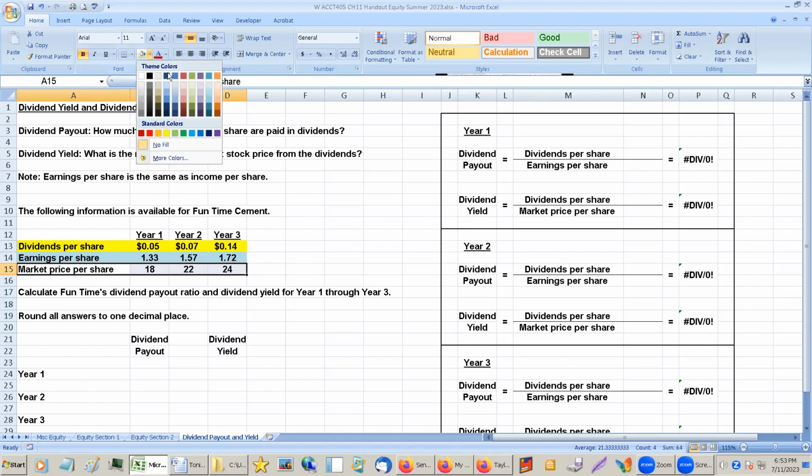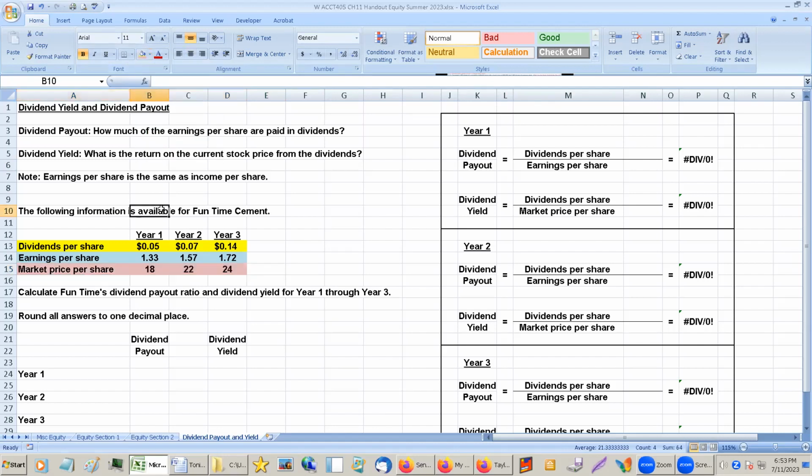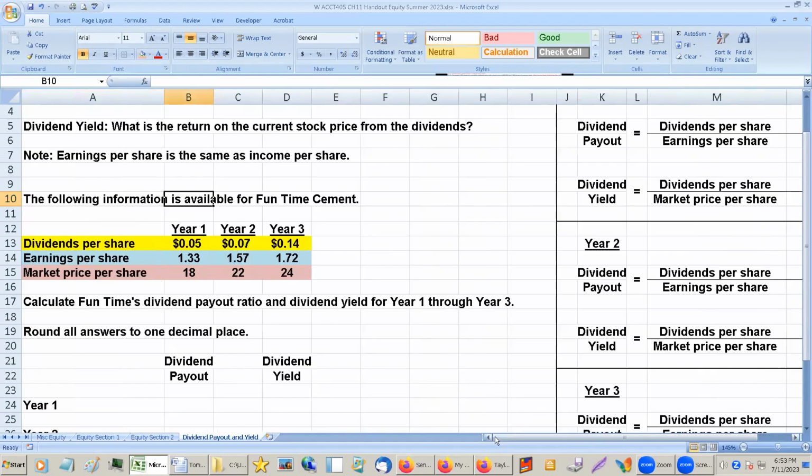Oftentimes these will be part of a trend. The more earnings you have, the higher the market price; the more dividends, the higher the market price, that sort of thing.